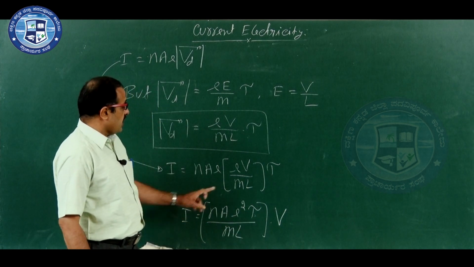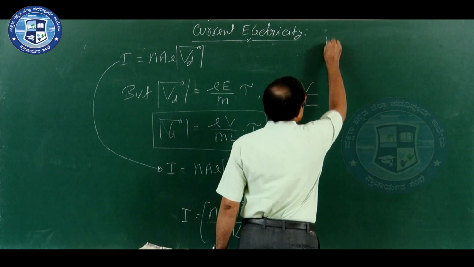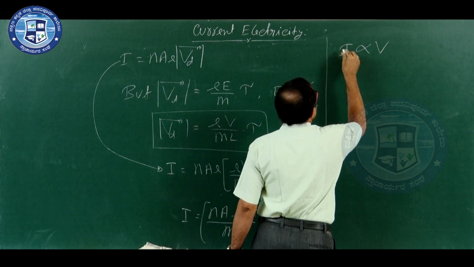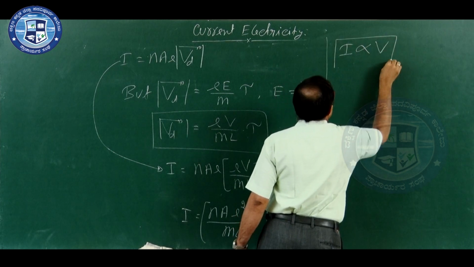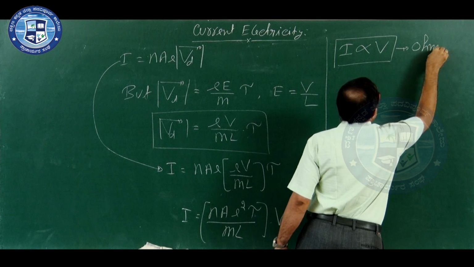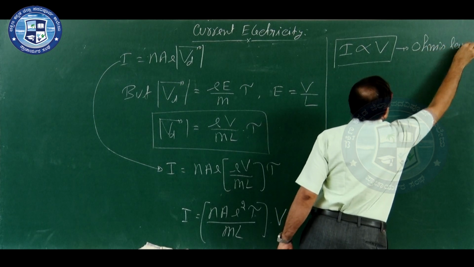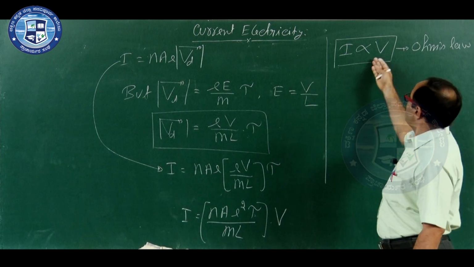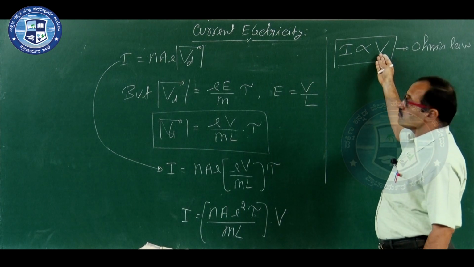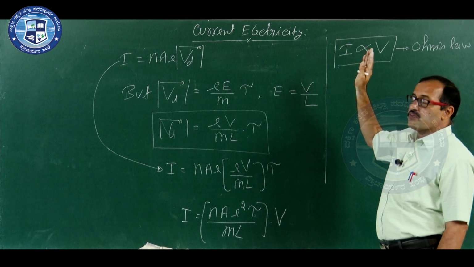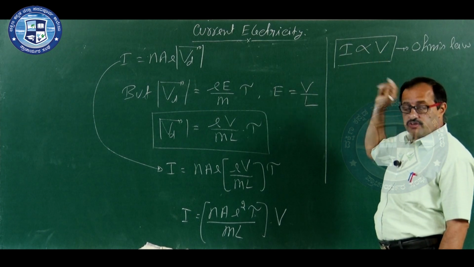Therefore, we can write I proportional to V. What is this I proportional to V? Is it not Ohm's law? It is nothing but Ohm's law. Current through the conductor is directly proportional to potential difference across the ends of the conductor, provided temperature and other physical conditions are kept constant.